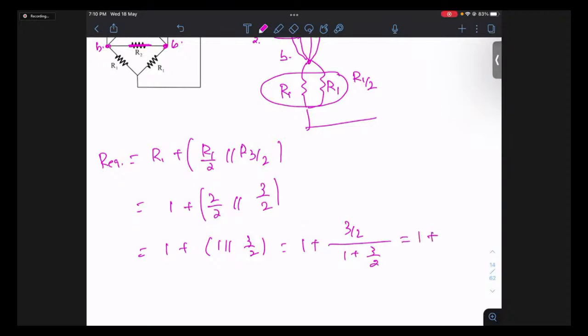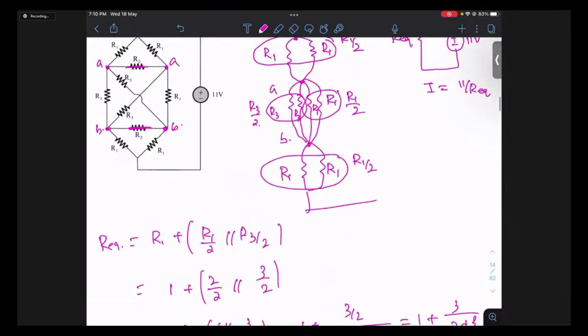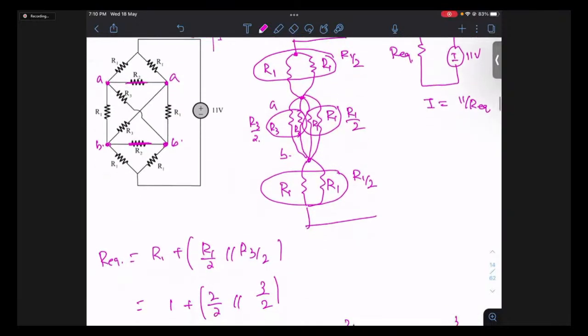If I multiply by 2, this is 3, this is 2, and this is 5. So 5 plus 3 divided by 5, and that is becoming 8 by 5. But some mistake is happening. What is the mistake?